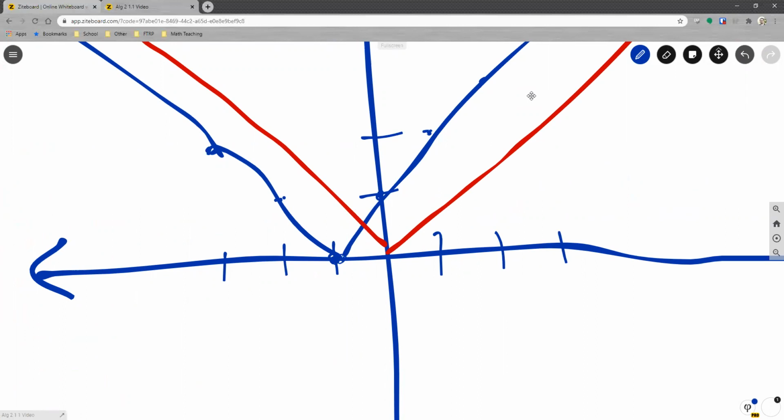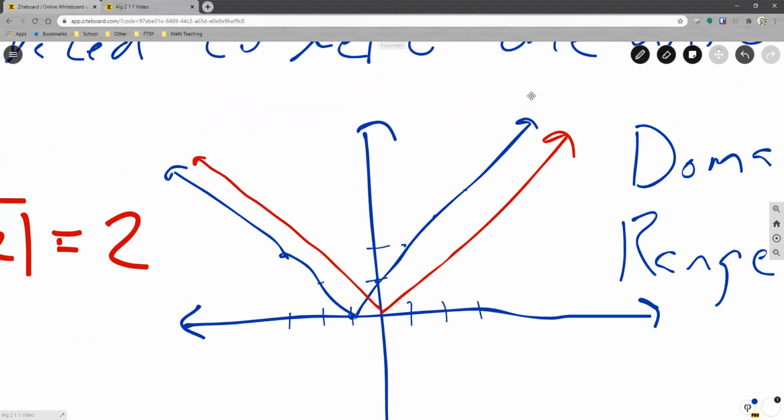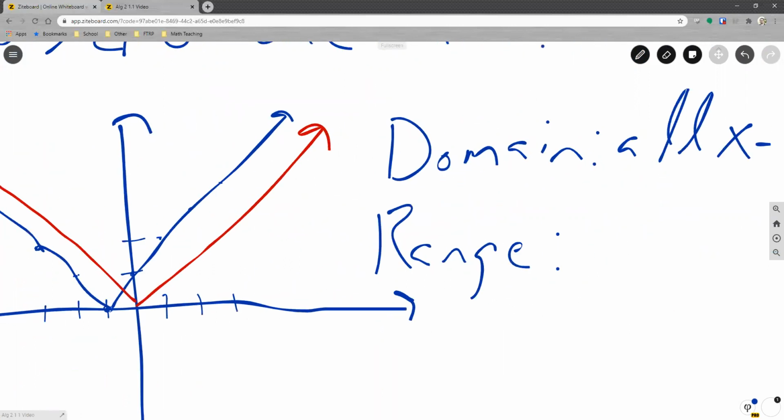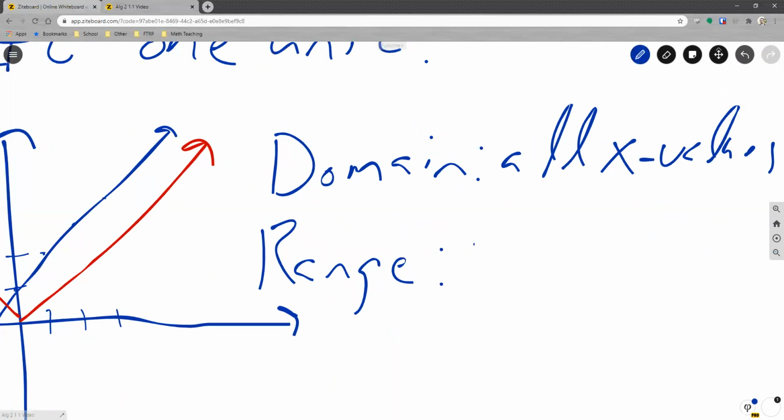And then as I move to the left or to the right, I go up. My y values get higher. So my range is going to be all the y values greater than or equal to 0.